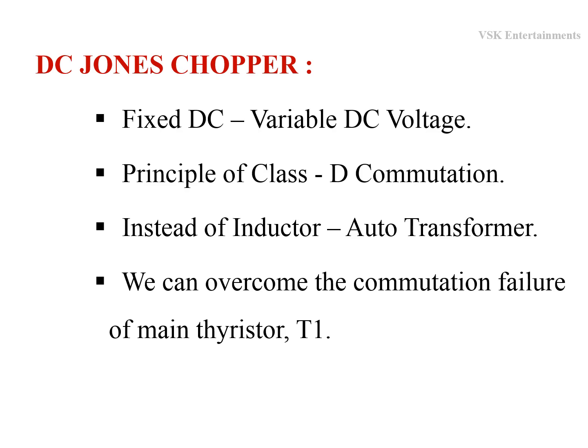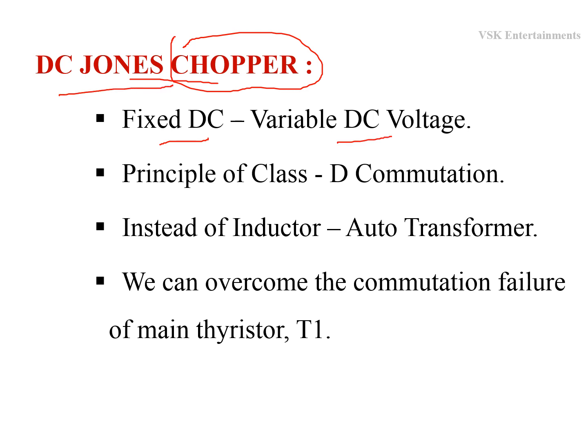Now we can go for the working of the Jones chopper. First, the introduction. We already know a chopper is a circuit which converts fixed DC voltage to variable DC voltage.